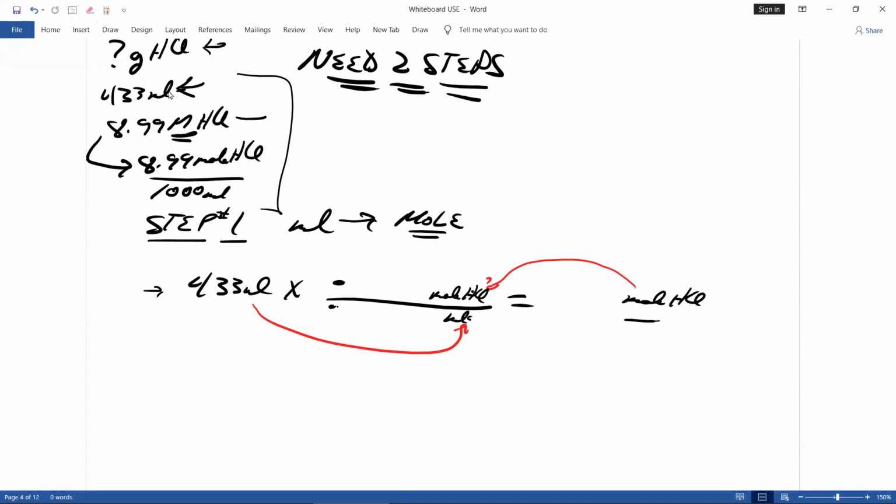From the fact that you know 8.99 capital M HCl really meant 8.99 moles of HCl per 1,000 milliliters. And milliliters divided by milliliters cancel out because anything divided by itself equals number 1. We're left with moles of HCl, which we want to get to. And I'm going to use my spreadsheet because it's nicer to me than my calculator.